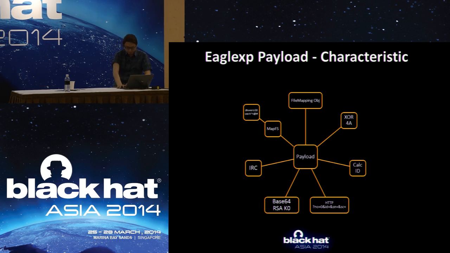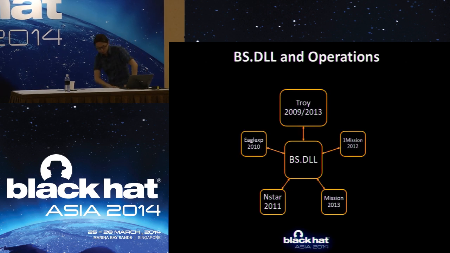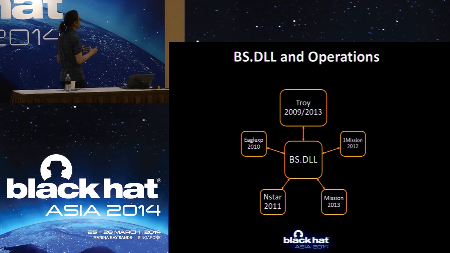So here, the Troy case actually did not happen in 2013. The prototype is actually from 2009, the core payload. And it connected all the operations: equal XP 2010 and Instar 2011.